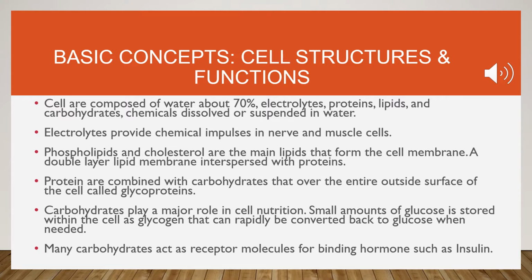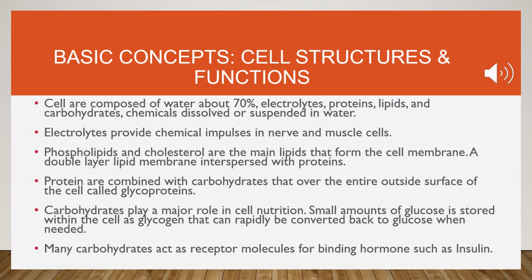Carbohydrates in the cell membrane occur mainly in combination with proteins or lipids, as glycoproteins or glycolipids. Carbohydrates play a major role in cell nutrition. Glucose is present in the extracellular fluid and is readily available to supply the cell's need for energy.